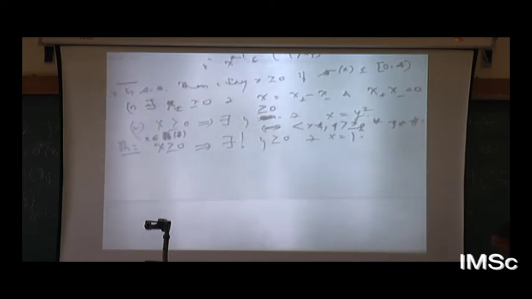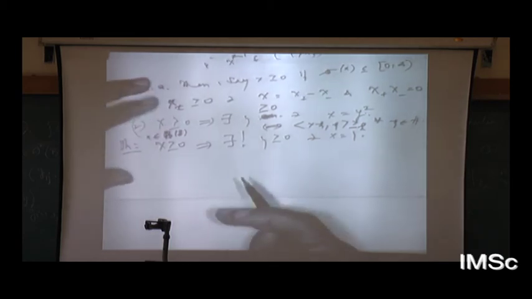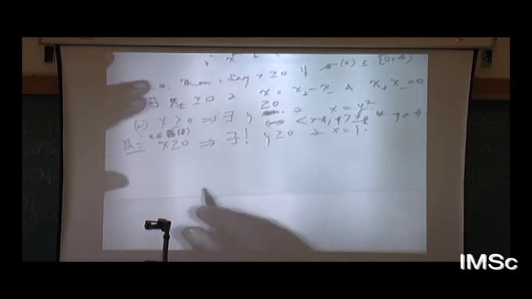If we can write X as Y squared, then I can take one Y over to the other side because it's self-adjoint, and then you get this positivity.